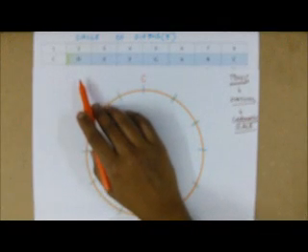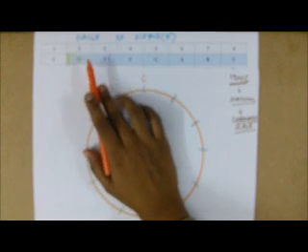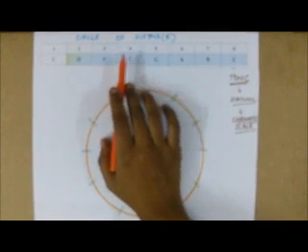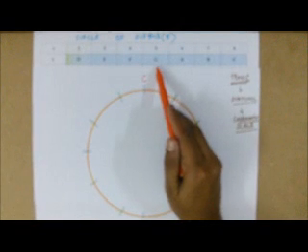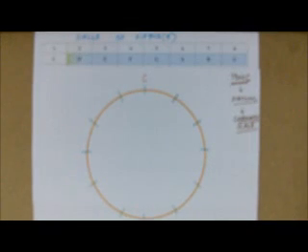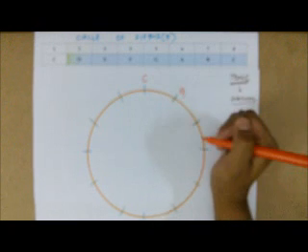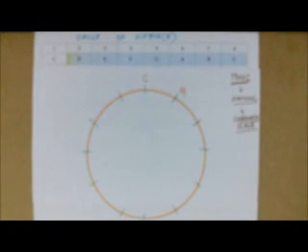So the fifth note from the key C would be C, D, E, F, and G. So my fifth note is the letter G. So I'm just going to go ahead and write that down. So 5 notes up from C is the letter G.